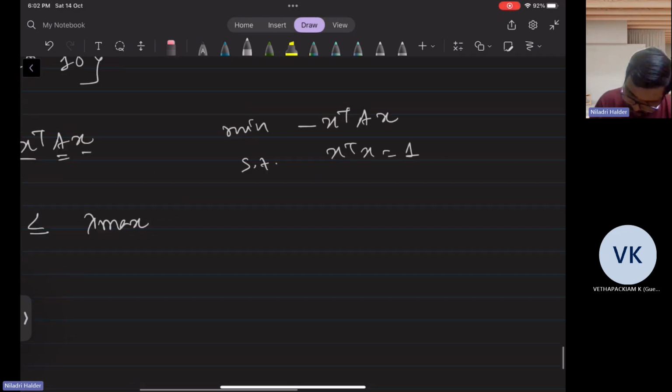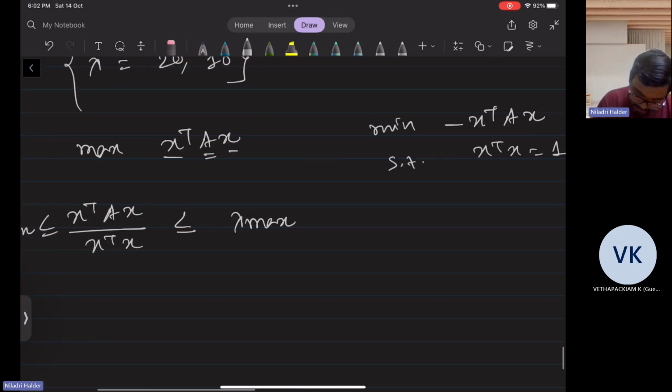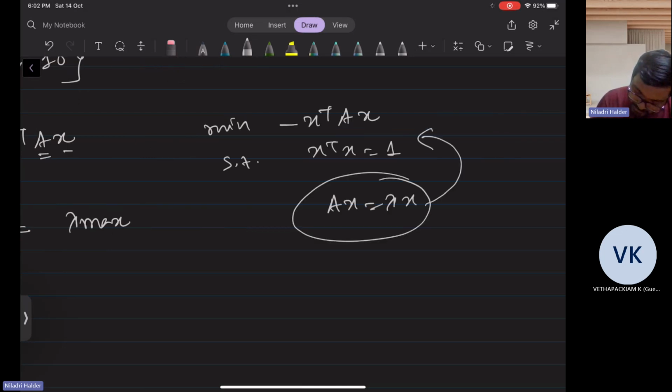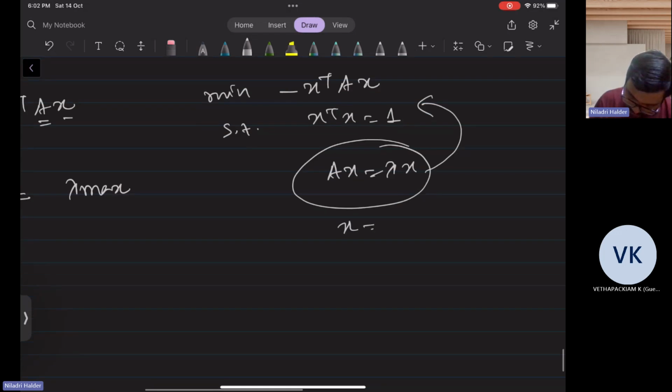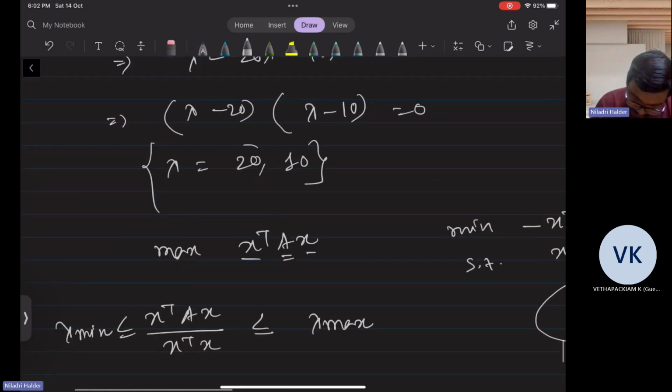Ultimately we will get the solution like that, Ax equal to lambda x. Then if we put it here, you will get the value equal to lambda max, the maximum eigenvalue. So here the maximum eigenvalue is 20, and the solution is 20.